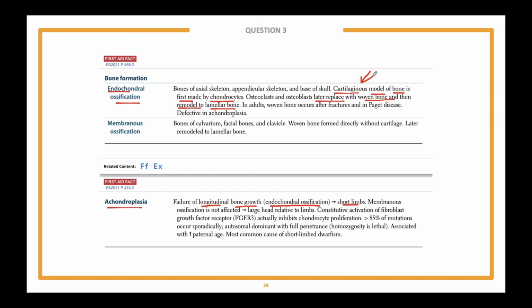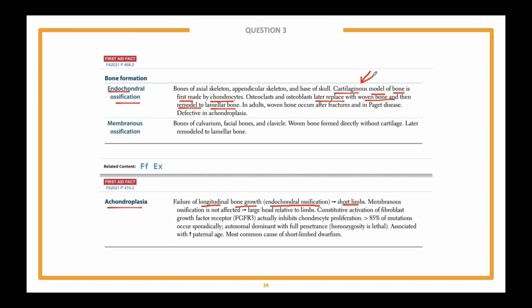In membranous ossification, these are different bones. These are bones of the skull and bones of the face, and this is where you have woven bone formed directly without a cartilage model, okay? So the important difference is, do you have a cartilage model to begin with that you can then replace with bone? And that's endochondral ossification.